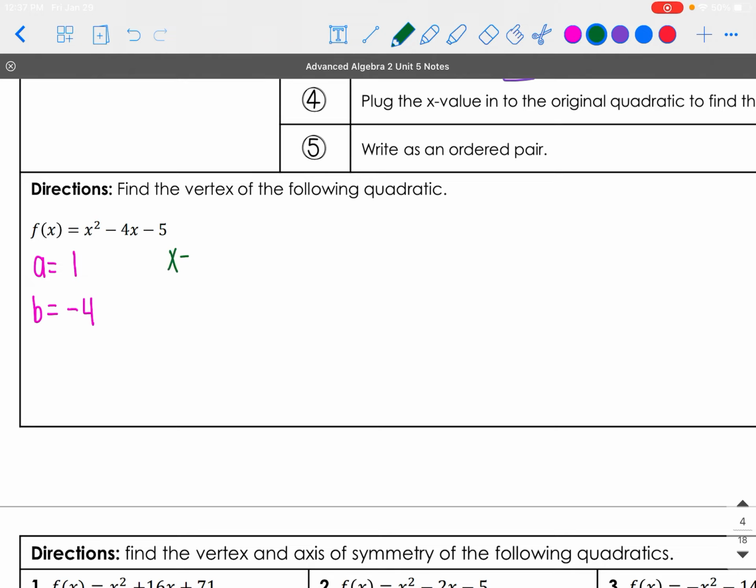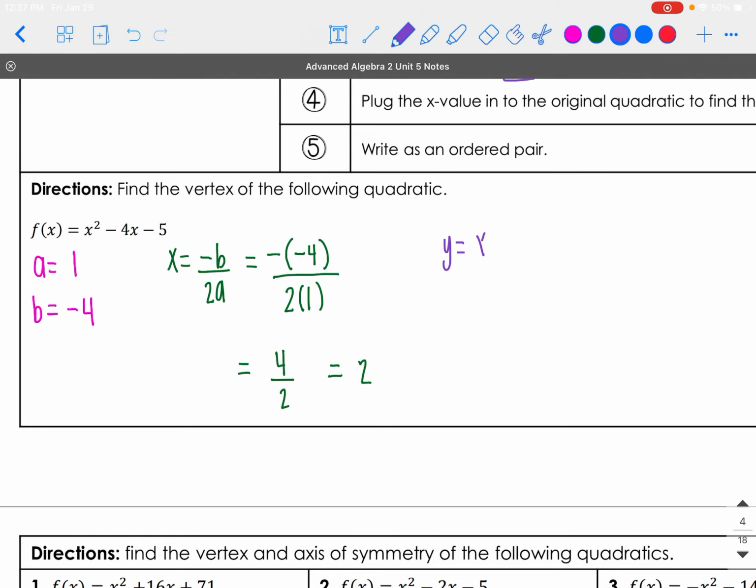So if we're going to find the x value of the vertex, it's negative b over 2a. My b is negative 4, so I have negative negative 4 over 2 times 1, which is positive 4 over 2. 4 divided by 2 is 2. So the x value of the vertex is 2.